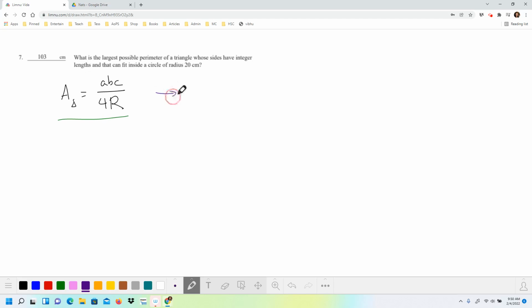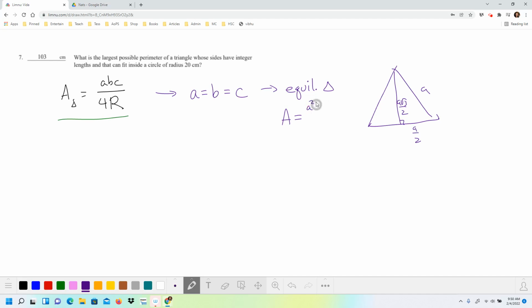We can see that we can maximize this quantity by achieving a triangle that is close to being equilateral. So something like a = b = c. And the area of an equilateral triangle, let's say with side length a, is a squared root 3 over 4. We have abc equal to the area of the triangle times 4 times the circumradius.